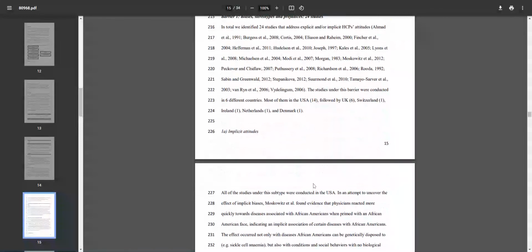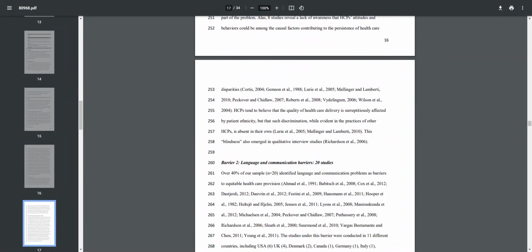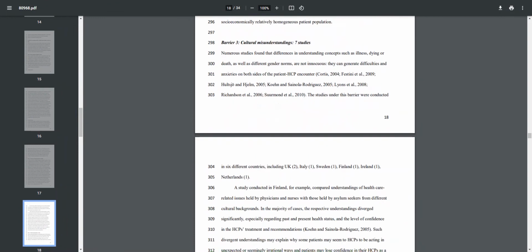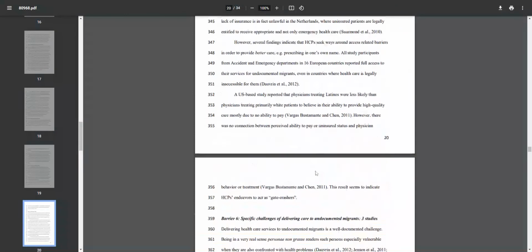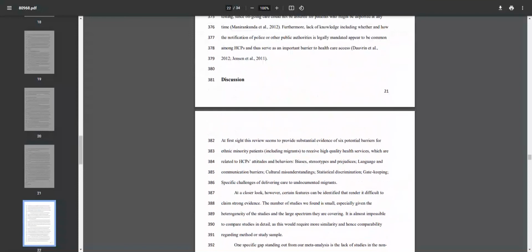A lot of the things it's discussing look like the kind of things you would see in a discussion rather than in the results. But that's the way they planned it. That's why I said you may still take a look at the results. There may be very key information there, but normally you go to the introduction or the background, and then you go to the discussion.